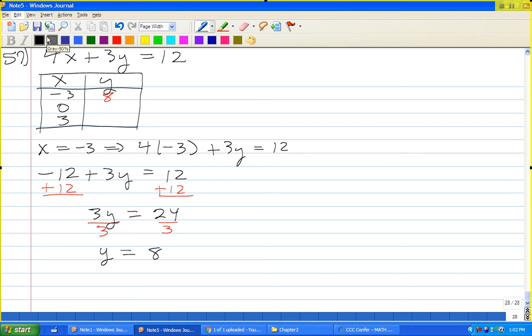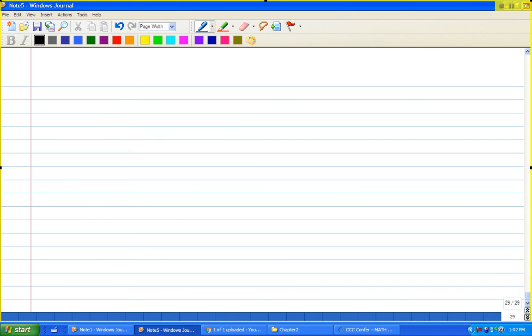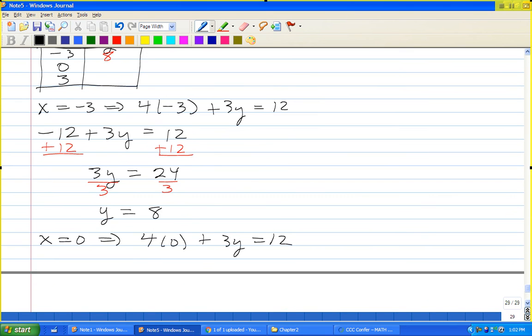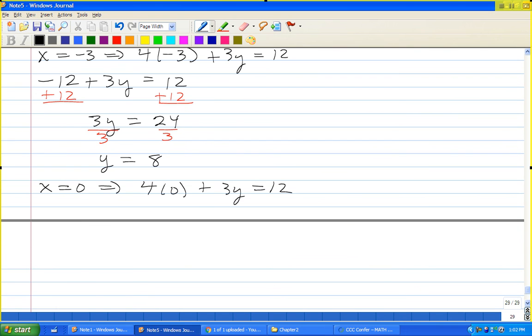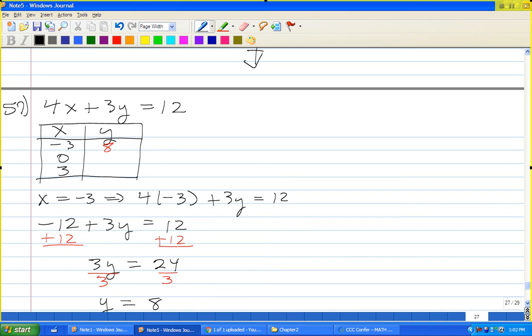Let x equal 0. So you get 4 times 0 plus 3y. And so I get 3y equal to 12. Divide by 3. And so y is equal to 4.